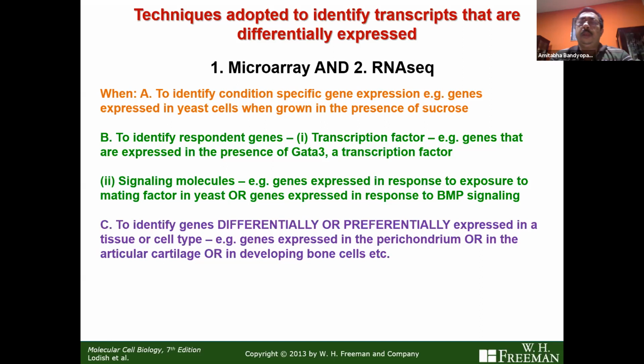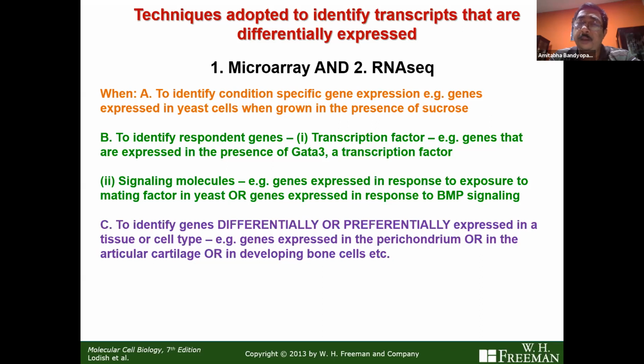So, you will face these kind of questions often, that how would you identify genes that are expressed under a specific condition, say when cells are grown in the presence of sucrose. So there will be a change in gene expression profile.